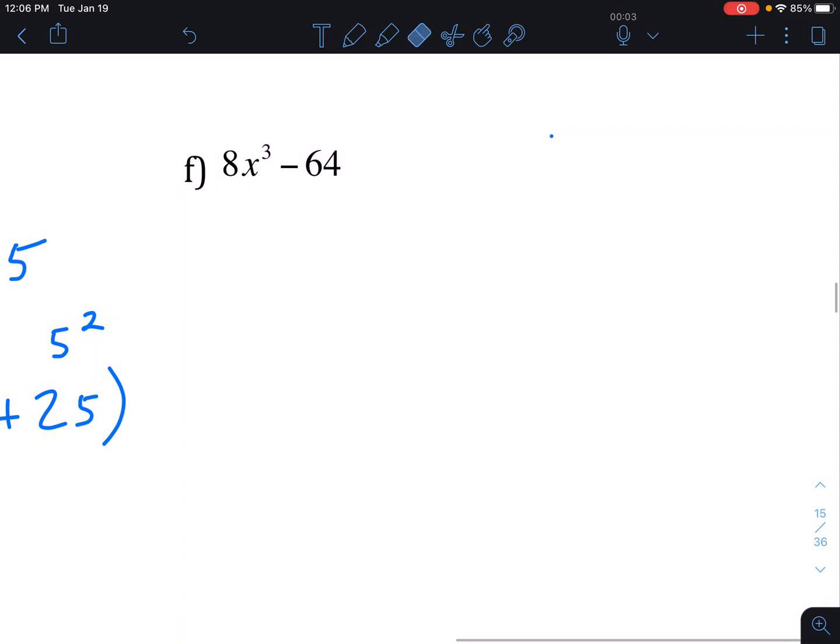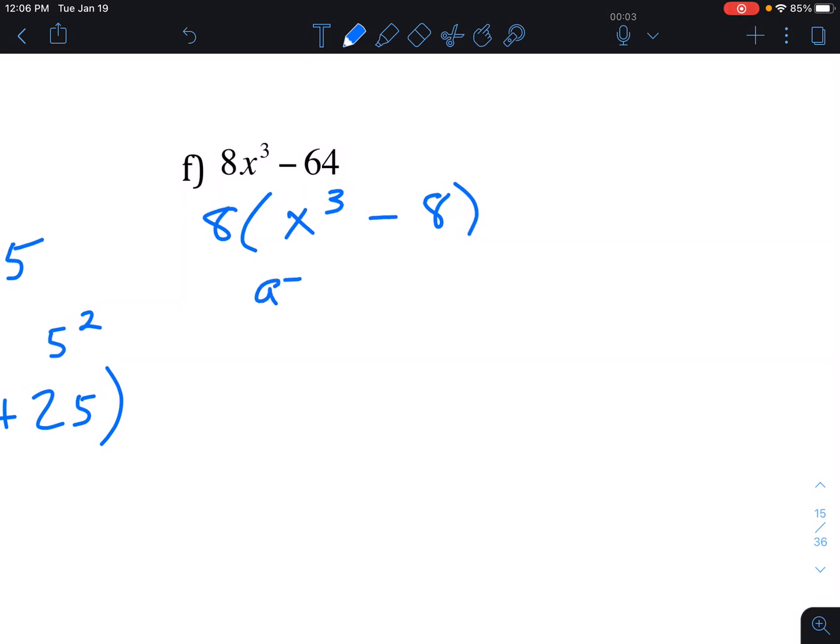Letter F, we actually have a GCF first again, it's 8. So then divide by 8 to have x cubed minus 8. So a is just an x here. B is, the cube root of 8 is 2. So we're going to use the difference of cubes again.